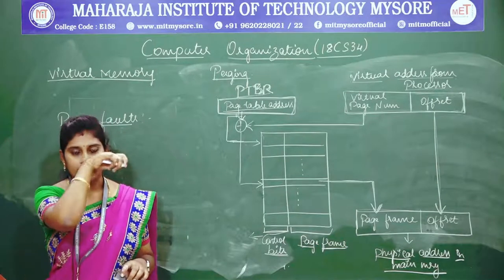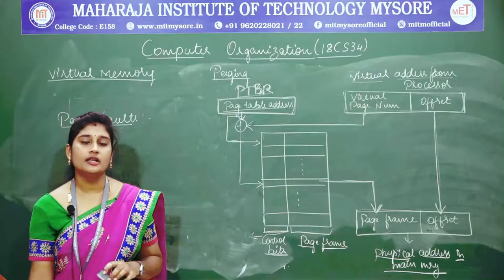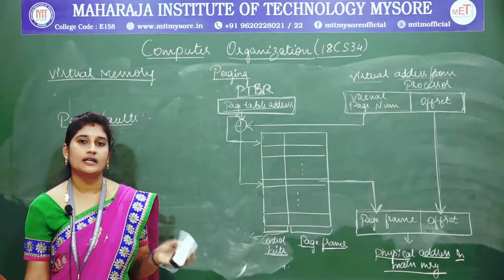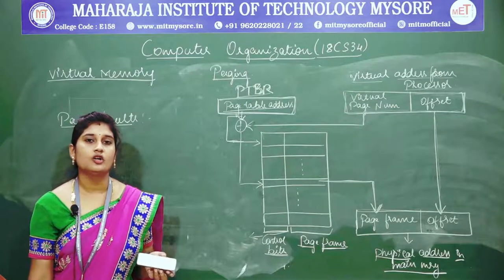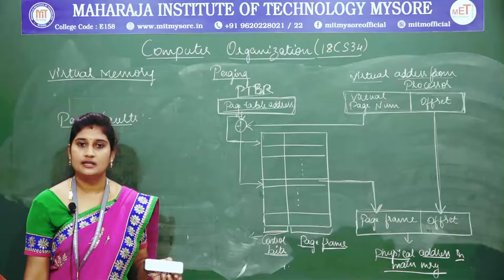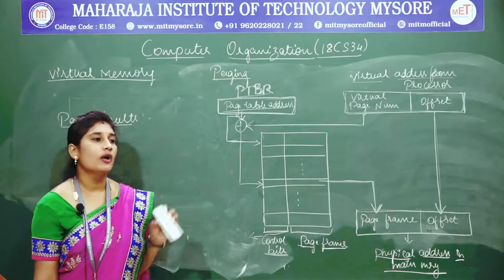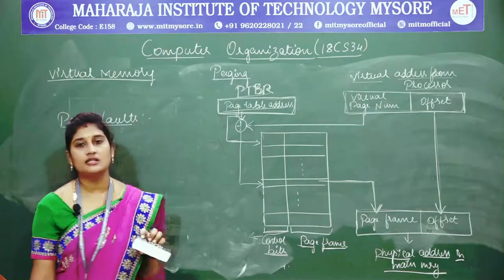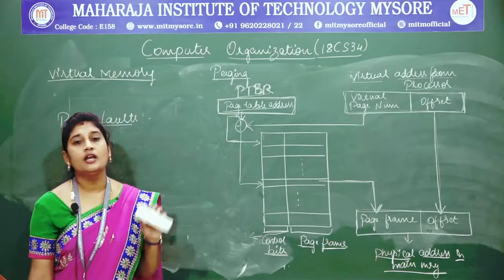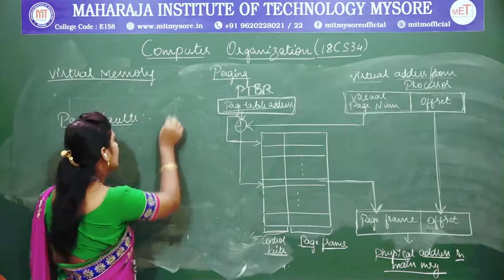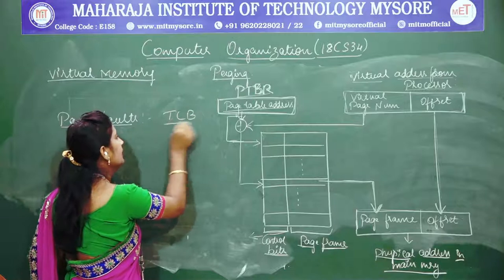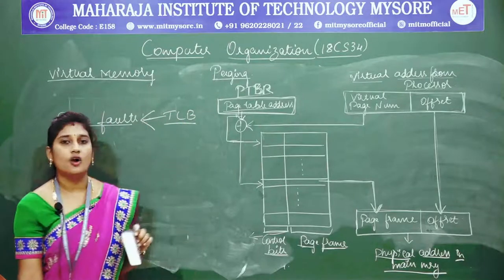Whatever data is present in the cache, you call it a hit. If it is not present in the cache memory, you call it a miss, isn't it? Likewise, when you search for pages in your page table, if you don't find those pages in your TLB, you call it a page fault.